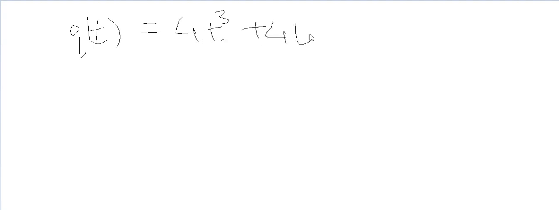Let us solve another example in which q(t) is equal to 4t cubed plus 4t squared minus t minus 1, and we have to check whether 2t plus 1 is a multiple of q(t).